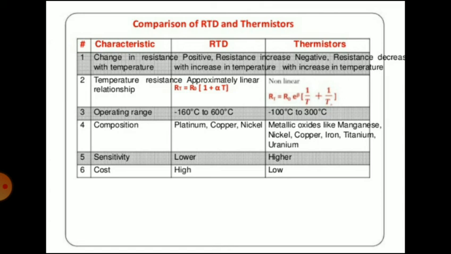For RTD, it is minus 160 degrees Celsius to 600 degrees Celsius, and for thermistors, it is minus 100 degrees Celsius to 300 degrees Celsius. Composition: RTD is composed of platinum, copper, nickel. Thermistor is composed of metallic oxides like manganese, nickel, copper, iron, titanium, and uranium. Sensitivity of RTD is lower, and thermistor sensitivity is higher. RTD cost is high, thermistor cost is low.